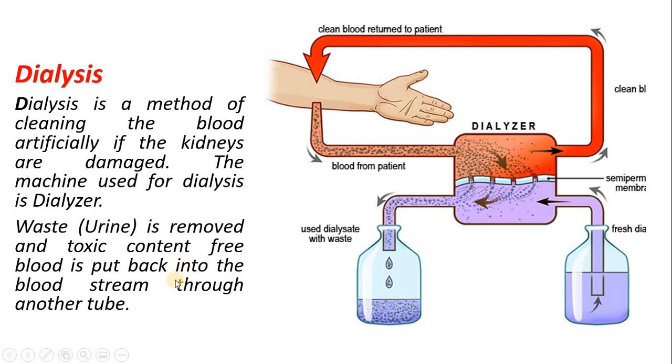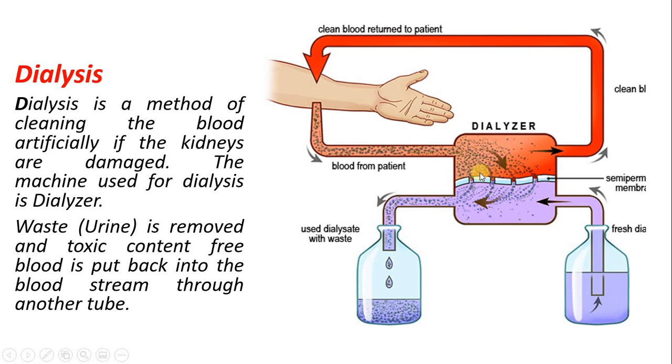The machine used for dialysis is the dialyzer. Now what happens here, you can see in the diagram that blood from the patient is taken. We know our blood contains all the waste products, and these waste products have to be removed.